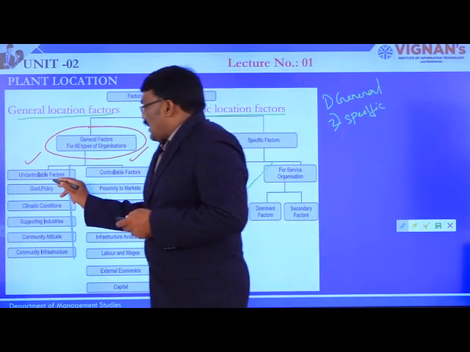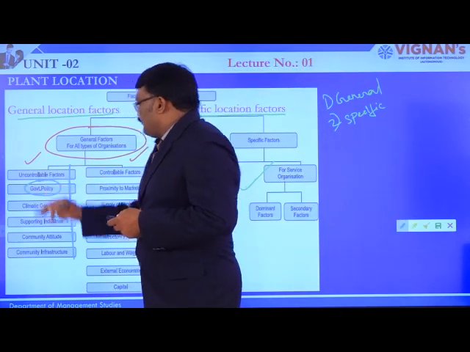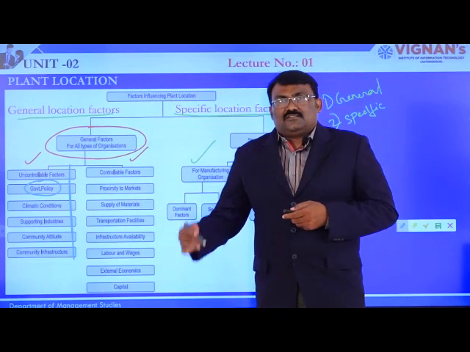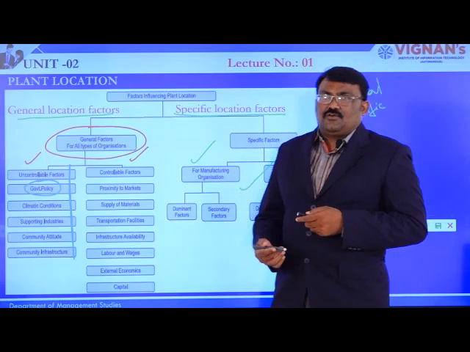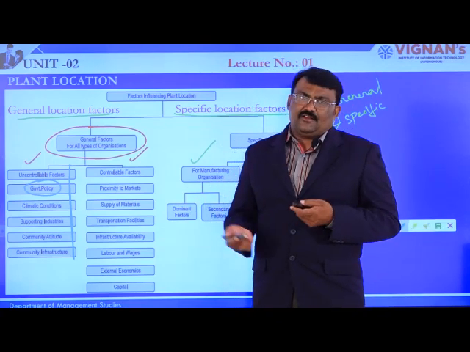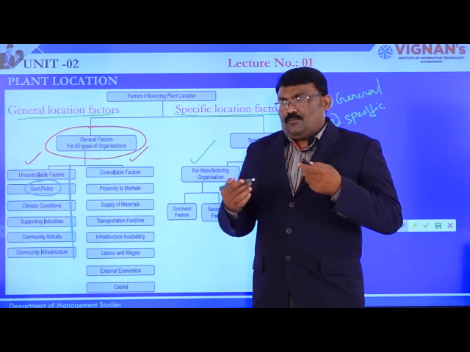Now, under the uncontrollable factors, the first one is government policy. The government would have regular changes. Once it could be a UPA and another time an NDA government, right.